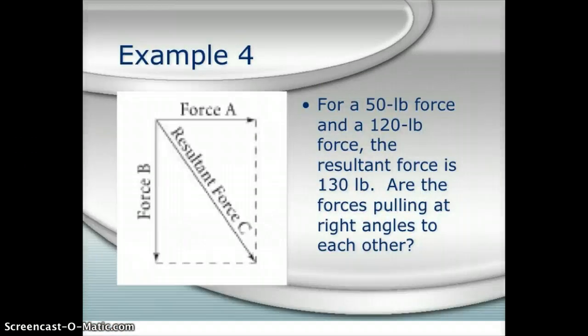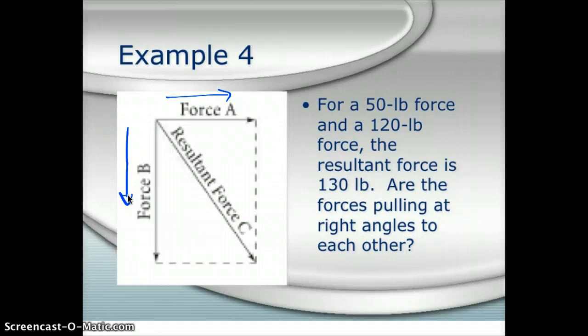Let's look at some physics. Mr. Brightbill will love this problem. We've got two forces pulling at each other. Force A is pulling directly, we'll say east, with a 50-pound force. And then force B is pulling south with a 120-pound force.